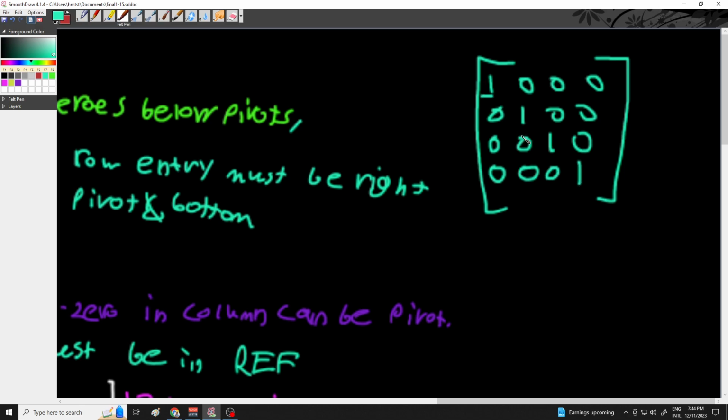Only the pivots can be a non-zero entry. It's popular to have them all as ones. I don't know if that's technically valid, but if it's not a pivot, it has to be 0. Or the exception to that rule is if the bottom row is all zeros. In that case, this is still valid because this is still just zeros.